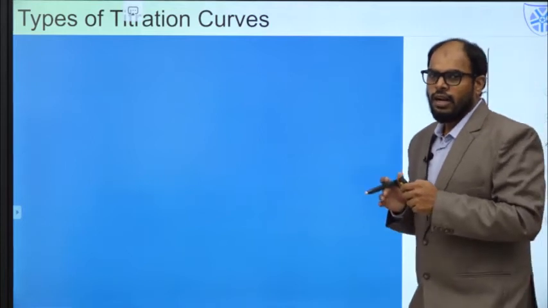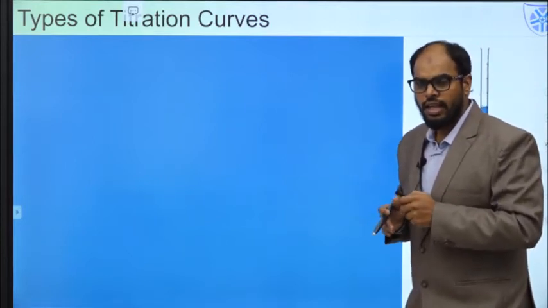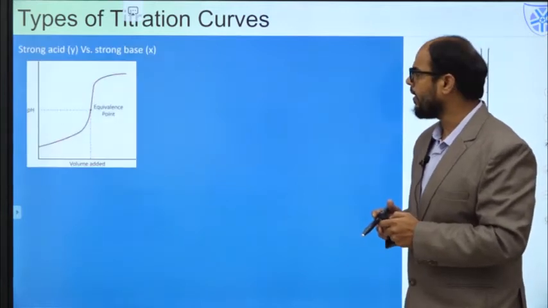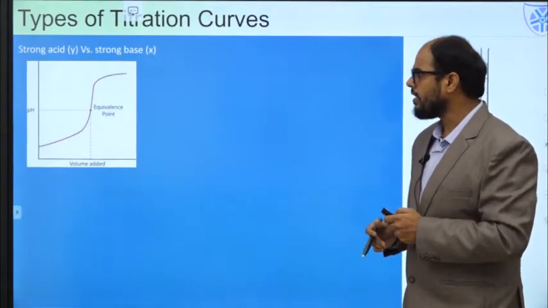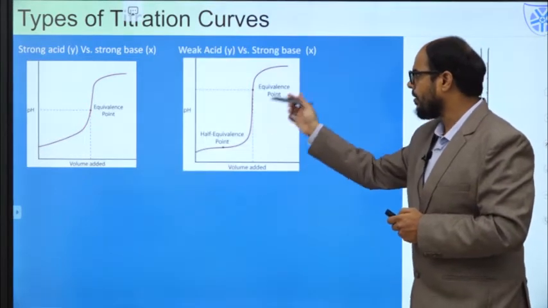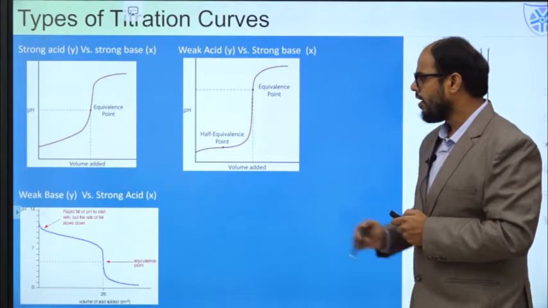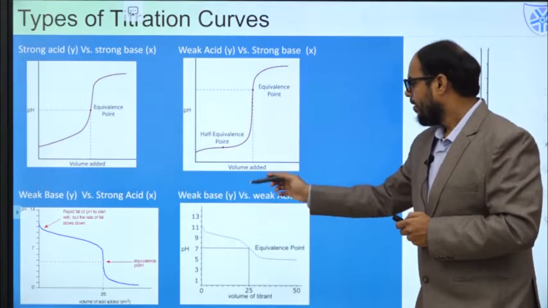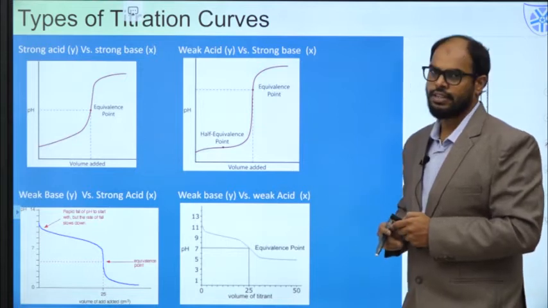Depending on the kind of titrant used and the kind of analyte being determined, we can classify titrations as strong acid versus strong base titration, weak acid versus strong base titration, weak base versus strong acid titration, and weak base versus weak acid titration.